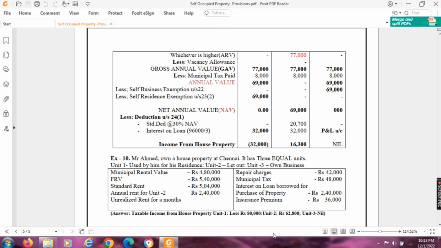And for unit 3, which is used for self-business, that interest on loan will be debited in the profit and loss account as business nature expenditure. That interest will not appear under income from house property. Mind it. So the balance for unit 1, loss from house property 32,000. For unit 2, 16,300 is income from house property.